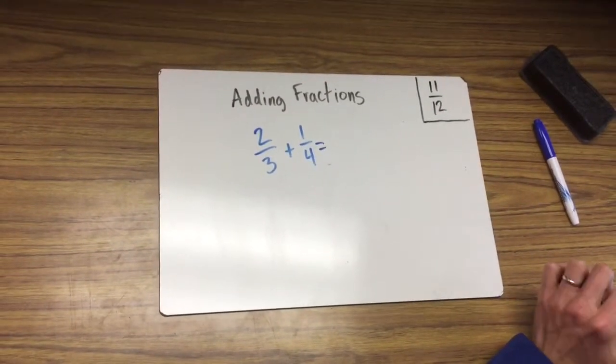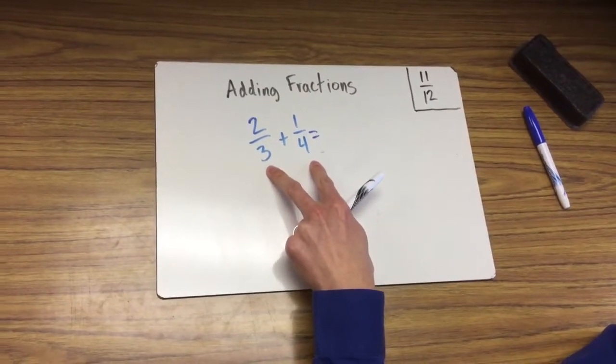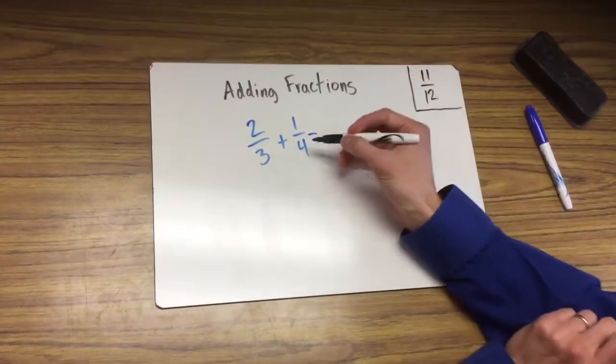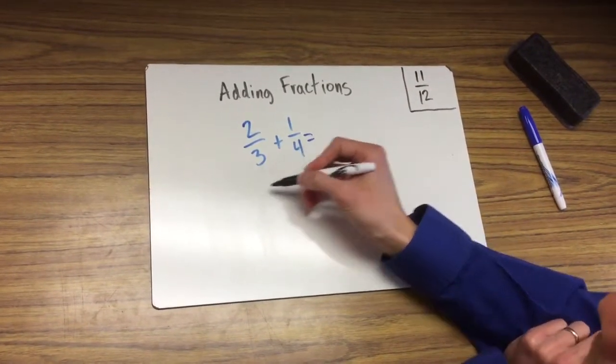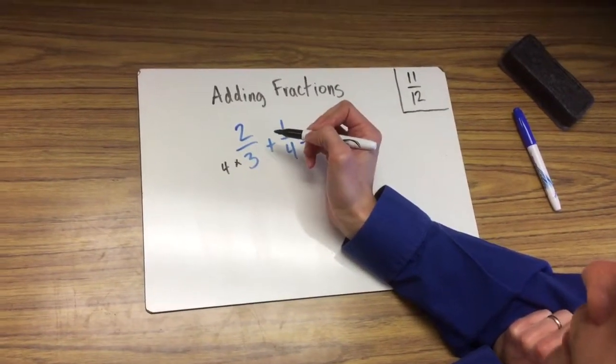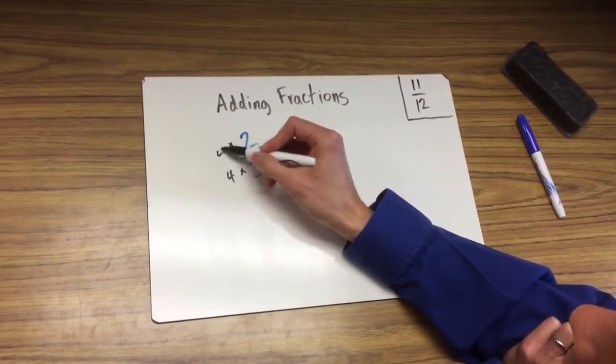This strategy uses the two denominators, and to find them quickly, we just multiply them. So I'm going to multiply the 4 over here, and remember what I said the last time, what you do to the bottom, you must do to the top.